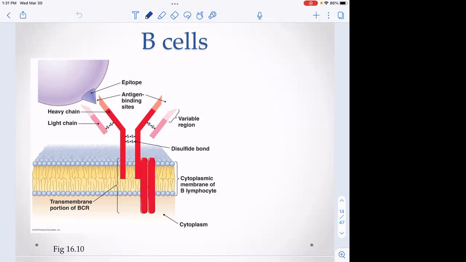All right, so B cells, where are we going to find these? Remember, these are lymphocytes. We're going to find them primarily in the secondary lymphoid tissue, places like lymph nodes and spleen, and they're really cycling back and forth between that secondary lymphoid tissue into the bloodstream, back into the lymph.